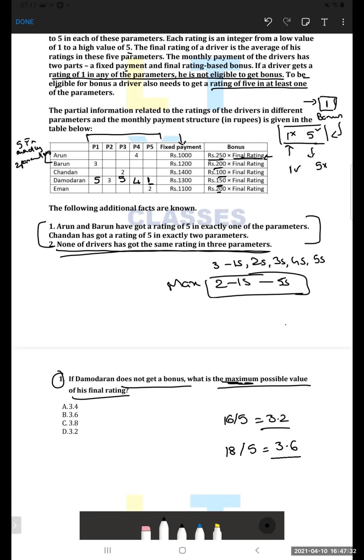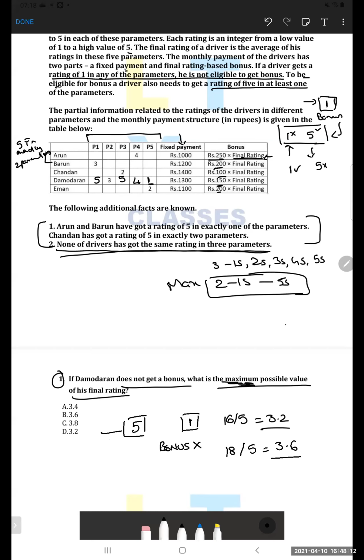Is there any other scenario that is possible here? Any other possibility? See, when we are trying to solve for the maximum, since the maximum rating is 5, we can go for as many 5s as possible, but also have to make sure that there is at least one 1 to make sure that he's not eligible for bonus.